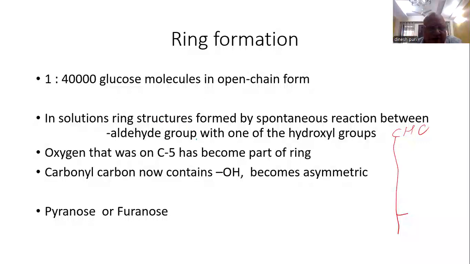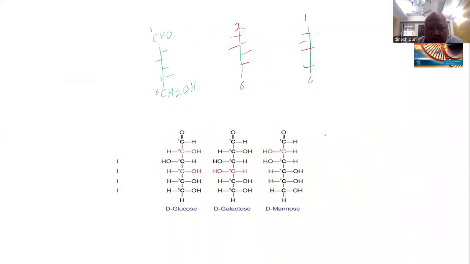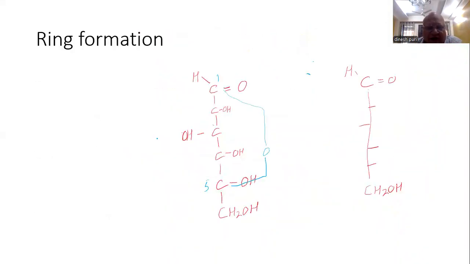So in solution, ring structures are formed by spontaneous reaction between the aldehyde group and one of the hydroxyl groups. The six-membered ring formed is called the pyranose ring.